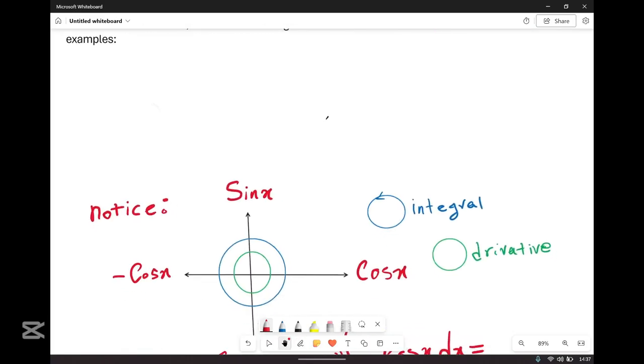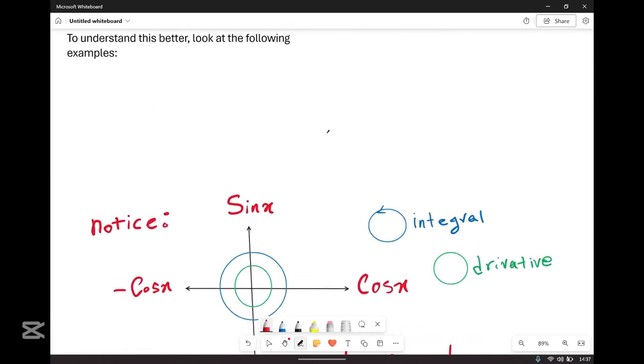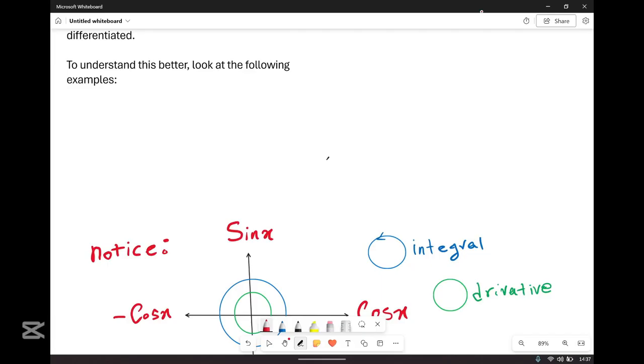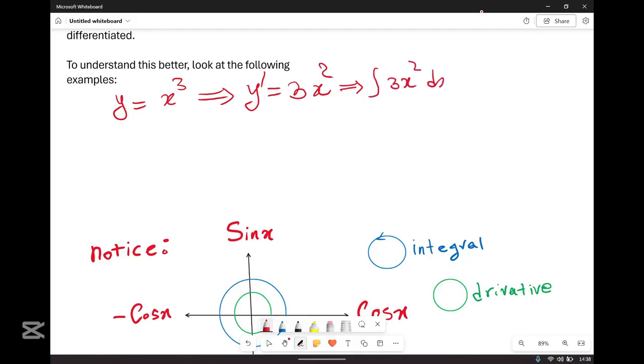Okay guys, to understand this better, let's look at another example. For y equals x power 3, the derivative is 3x power 2, which implies that the integral of 3x power 2 dx is exactly x power 3 plus c.